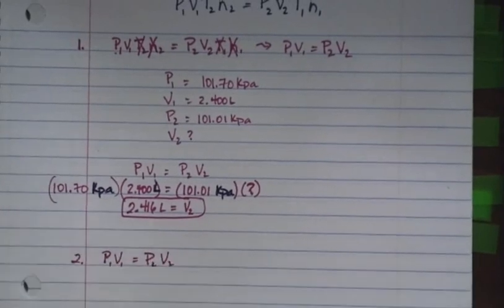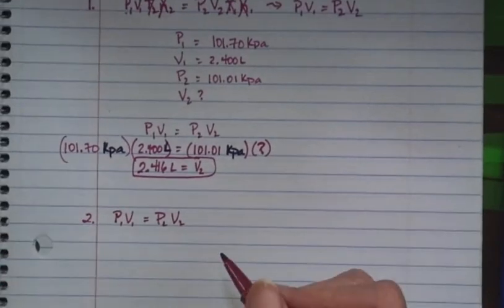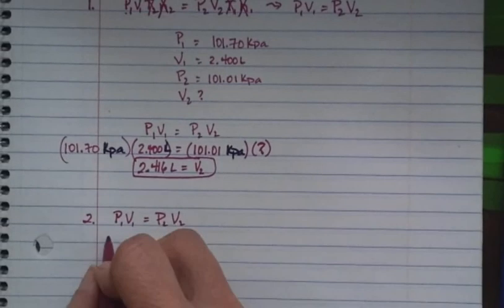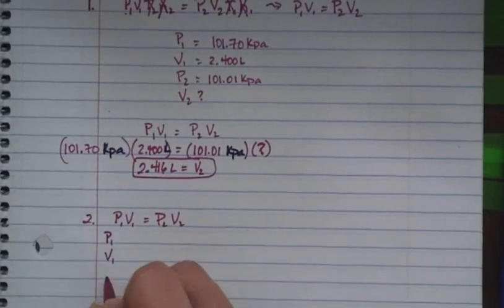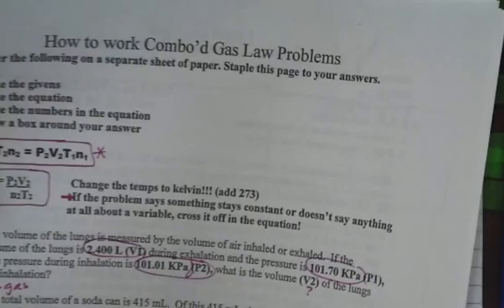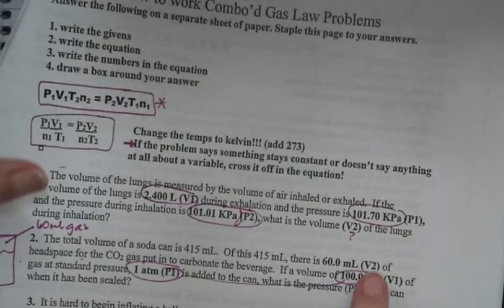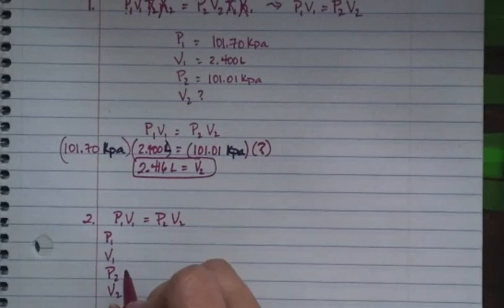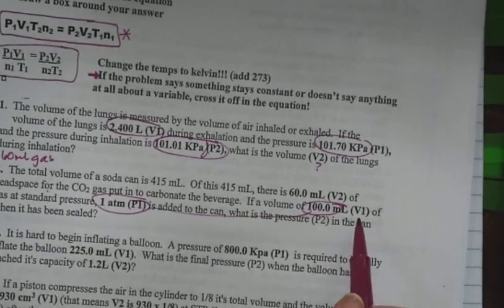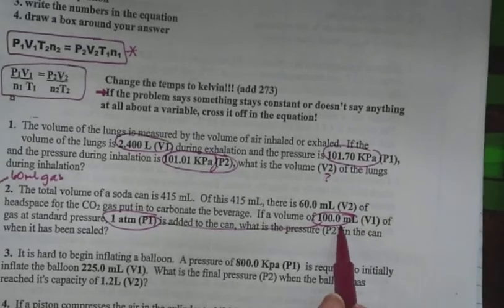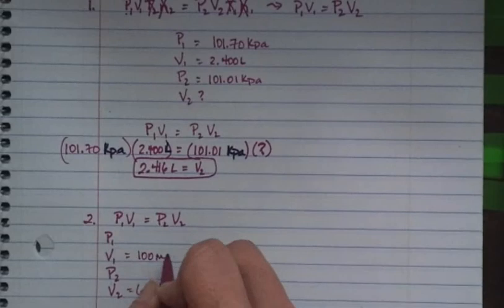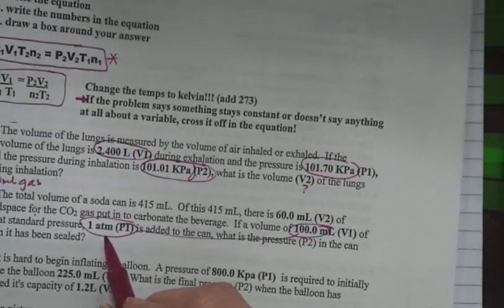I like to write the equations on these first because that helps me figure out what all my givens are. So I've got P1 V1, P2 V2. When I look at my problem, I've got 60 mils as V2, 100 mils as V1, and 1 atmosphere as P1.